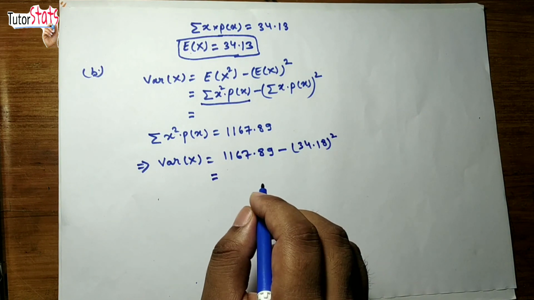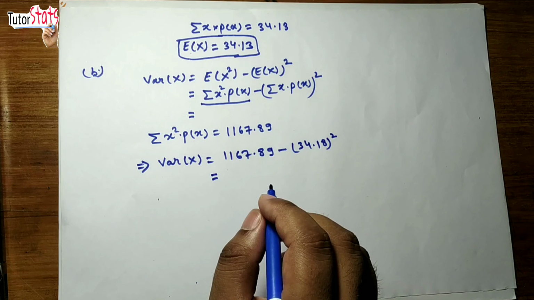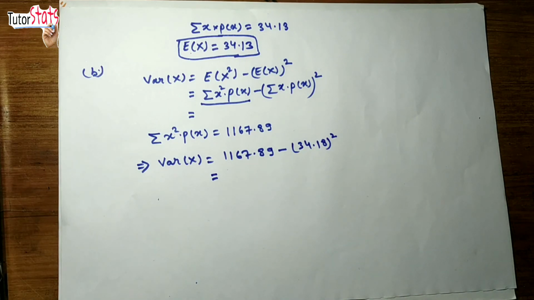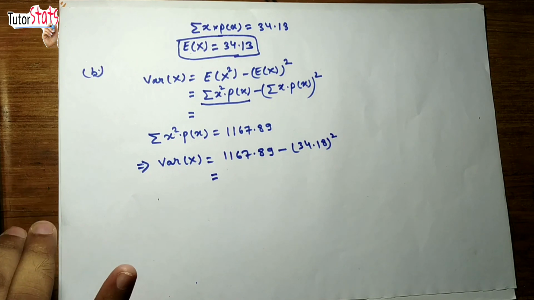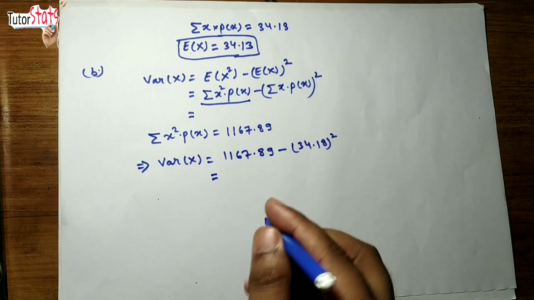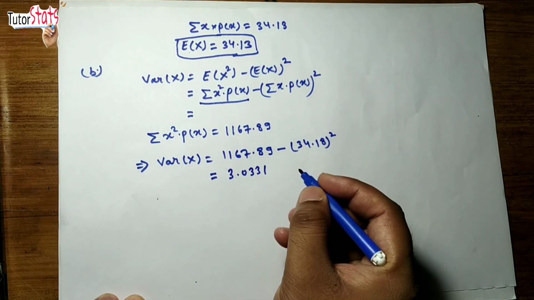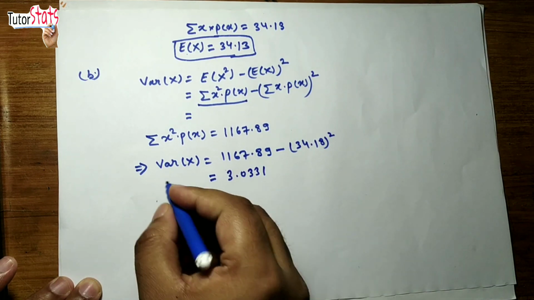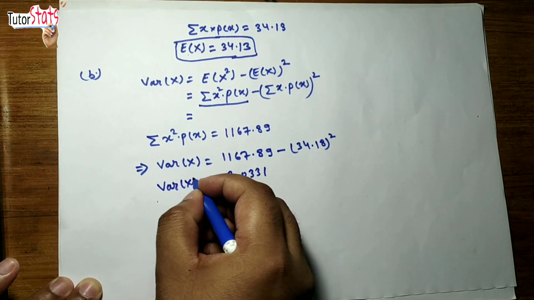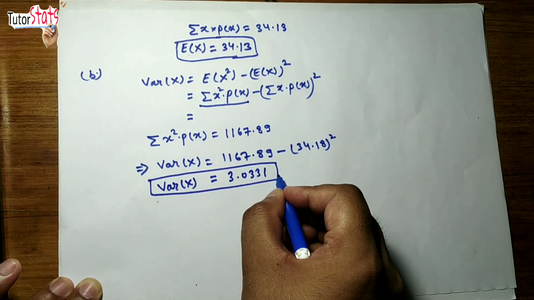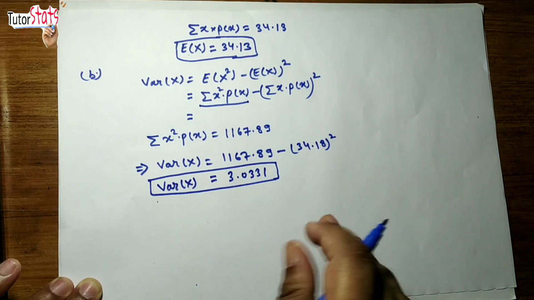After solving this expression, we will get 3.0331 as the variance of x. So this is the variance for the probability distribution.